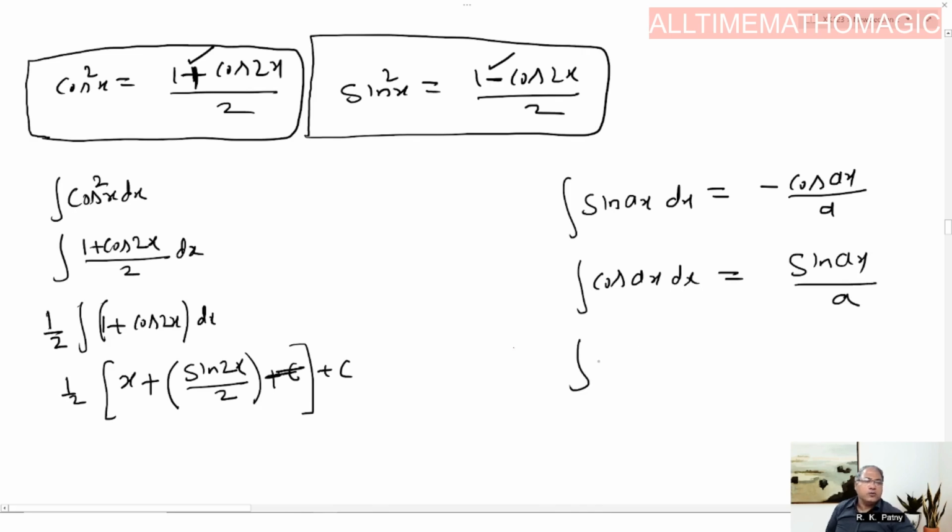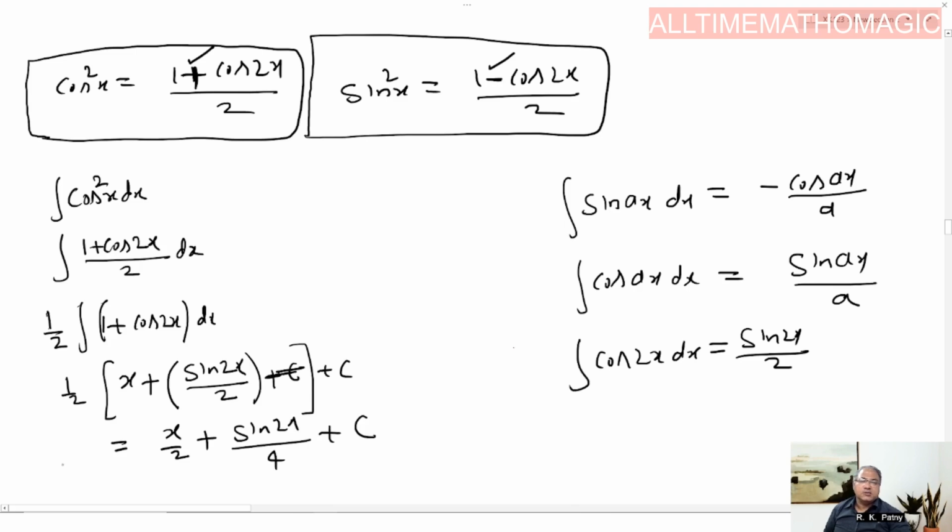Therefore, integration of cos 2x with respect to x becomes sin 2x upon 2, so here I have written sin 2x upon 2 plus c. So the final answer is x by 2 plus sin 2x upon 4 plus c.